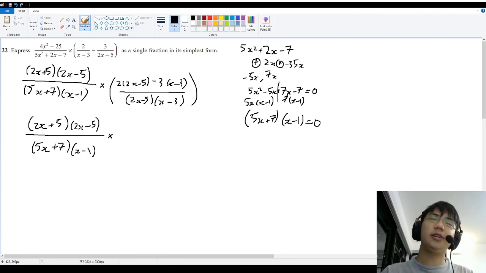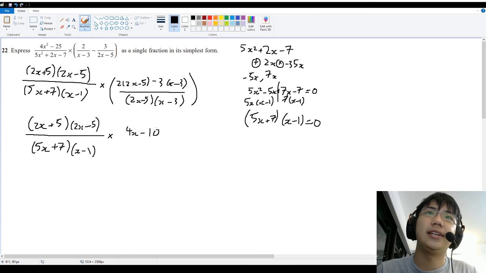So you multiply by 2x minus 5. So you have 4x minus 10 minus 3x plus 9. Negative 10 plus 9 is negative 1, and 4x minus 3x is x. So you have x minus 1 over 2x minus 5, x minus 3.